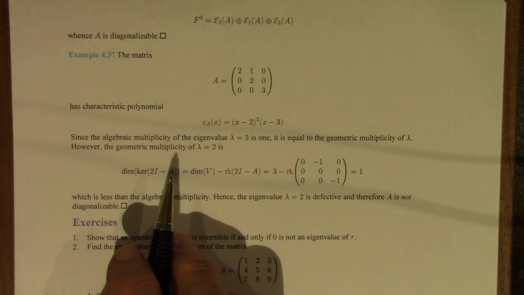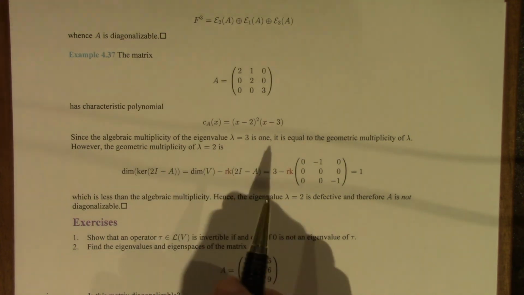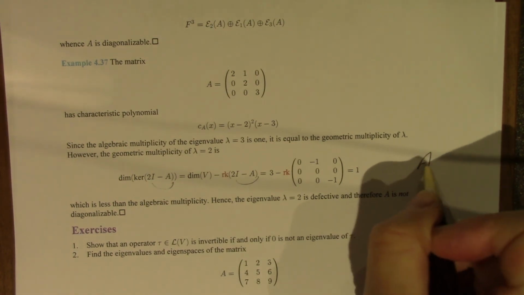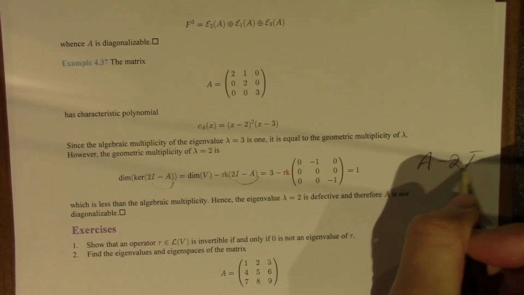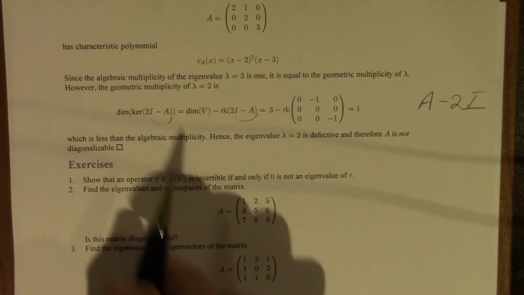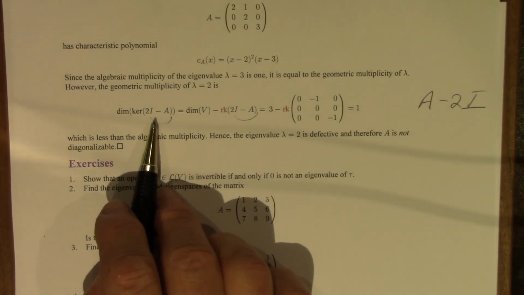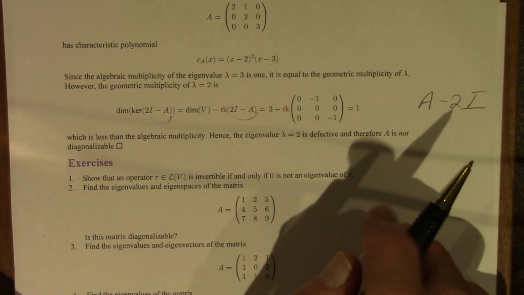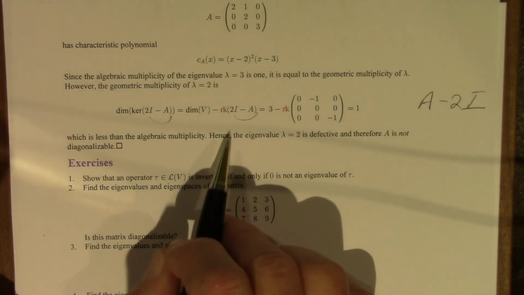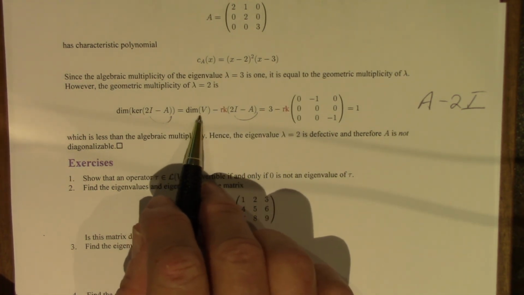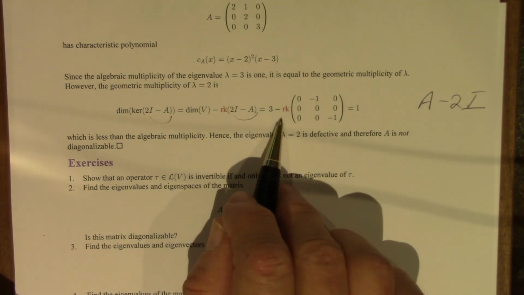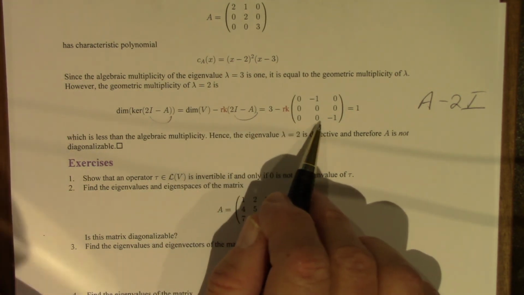It's not usually the way I do these things, so I'll just change that in the book. A minus 2I. Doesn't make any difference because we're just looking for the dimension of the eigenspace, and these two will have the same dimension. Anyway, it's the dimension of V minus the rank of A minus 2I, or 2I minus A.